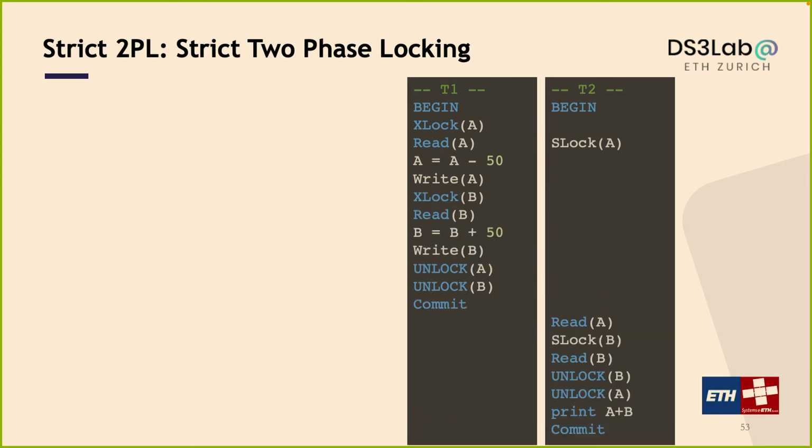What about this schedule? It is possible under two-phase locking. T1 has an exclusive lock on A, and then acquires another lock on B, unlocks A, unlocks B, commits. Okay? T2 acquires a lock on A, acquires a lock on B, unlocks B, unlocks A, does something, commits.